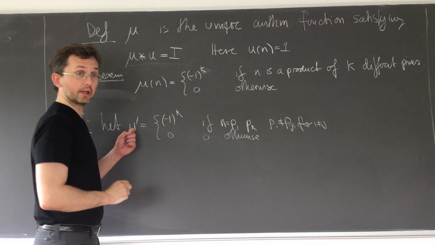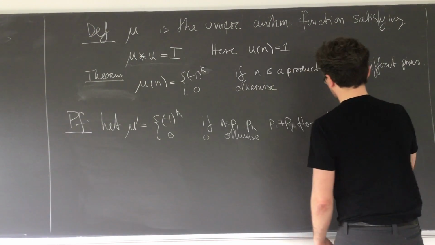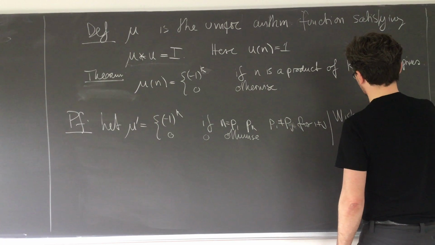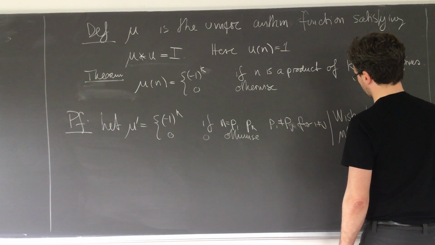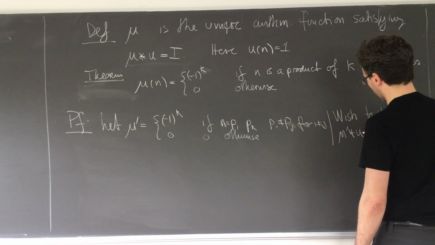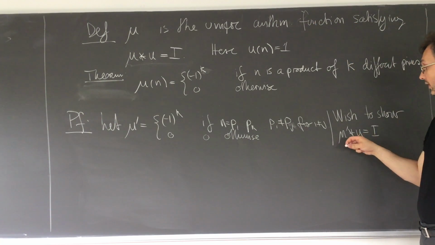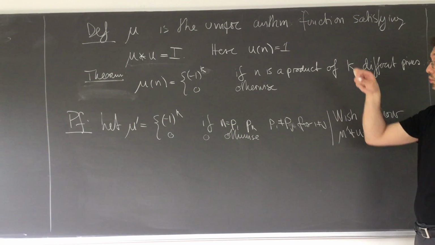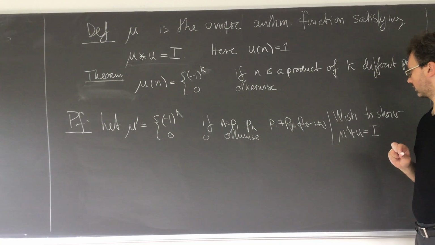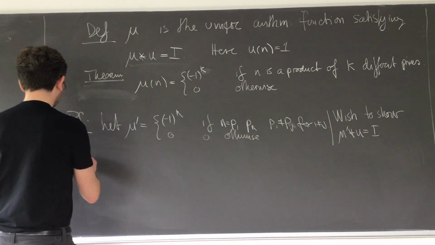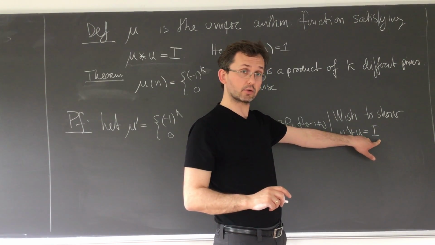With this definition of mu prime, we wish to show that mu prime convolved with u is equal to the identity. If we can prove that, then uniqueness gives us that mu prime is equal to the Mobius function, and we have proved the theorem. Now, the identity function is 1 if n is 1 and 0 otherwise.